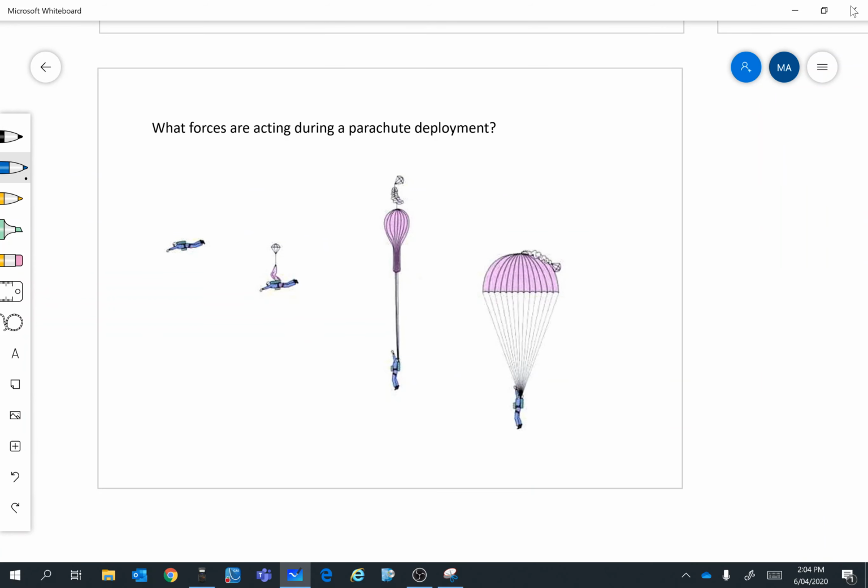Now, the idea here at this first point in time is that this skydiver is traveling at terminal velocity. So there's gravity acting downwards, and upwards in the opposite direction is air resistance. Those forces are balanced, so the net force acting on this skydiver is 0, and hence the skydiver is travelling at terminal velocity.